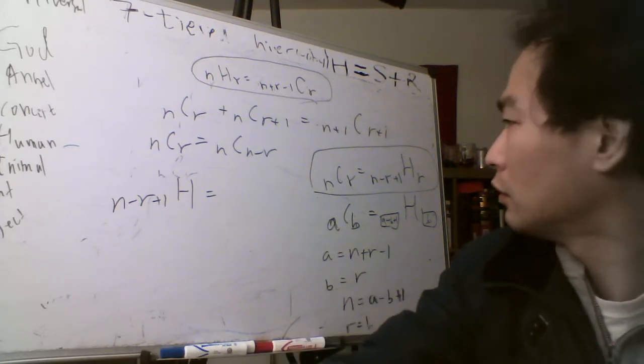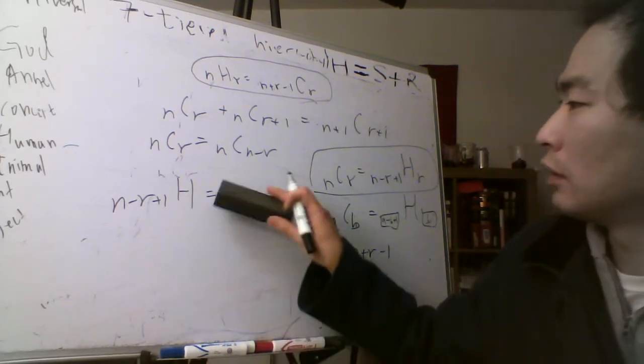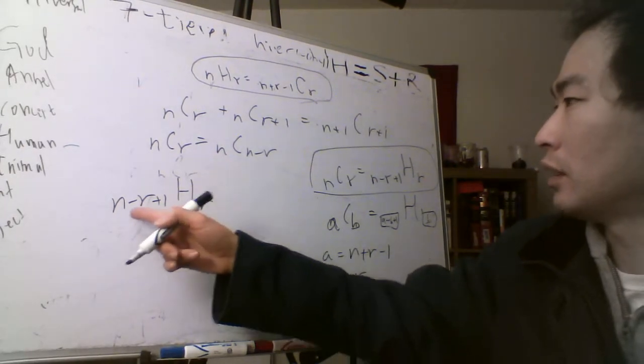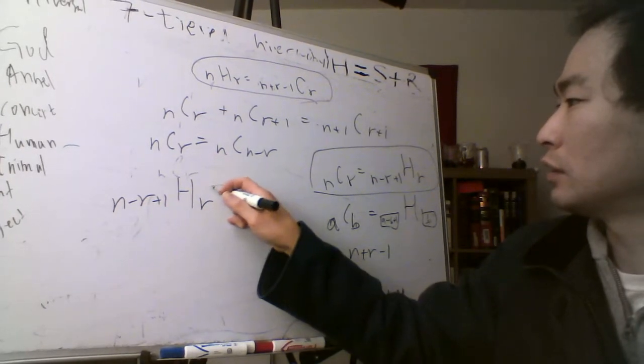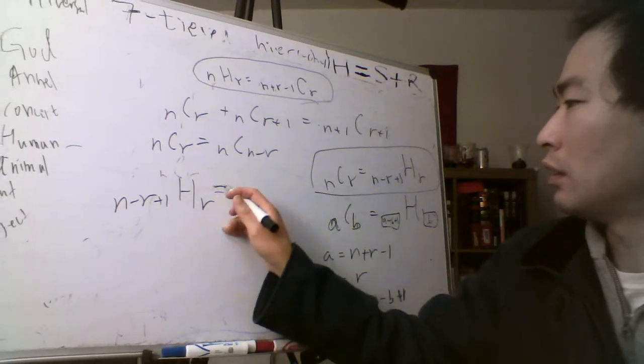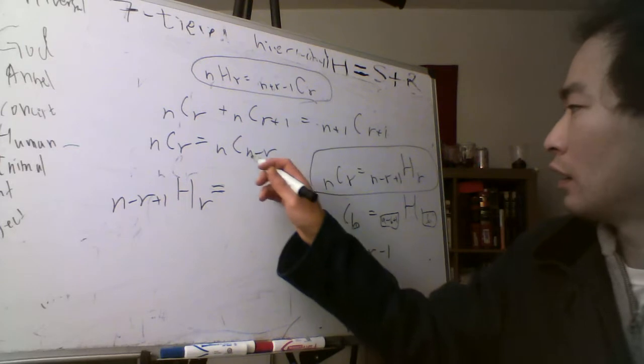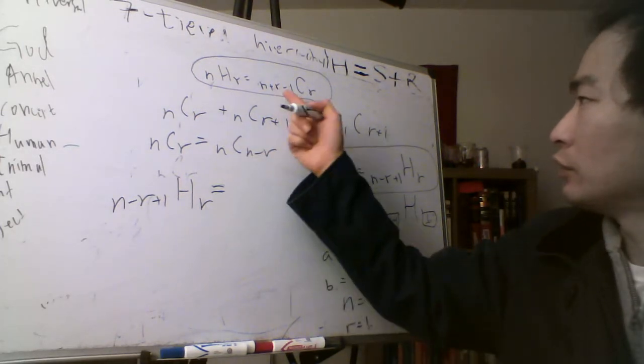What is this? The left hand side is this, n minus r plus 1 hr is equal to you add, and that we are using this formula, okay?